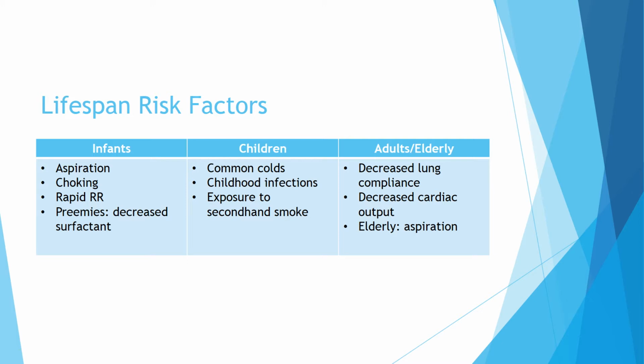Children get common colds, a lot of the childhood infections, exposure to secondhand smoke. Children who are exposed to secondhand smoke are at much higher risk for things like asthma and frequent ear infections. And then the adults and elderly. So as you age, your lung compliance becomes decreased.